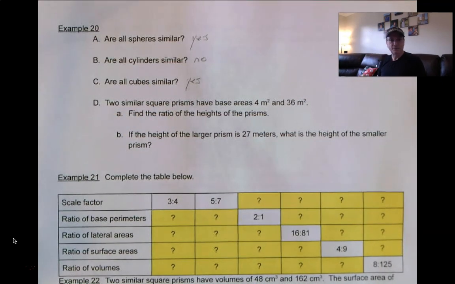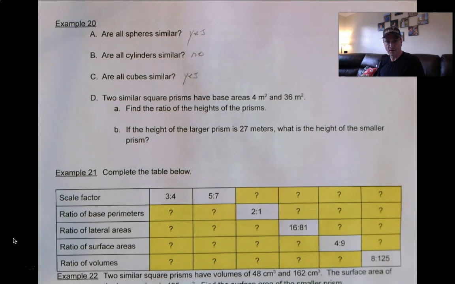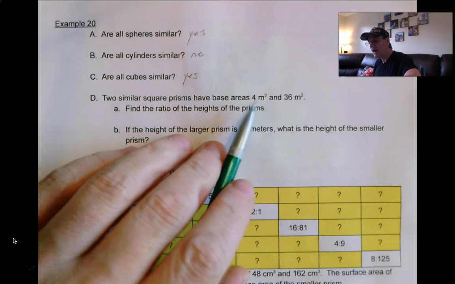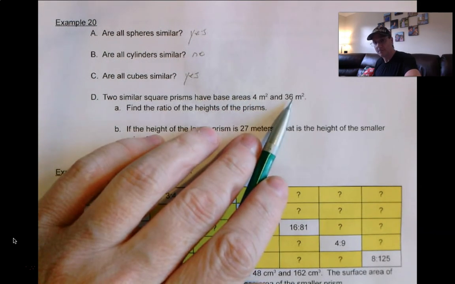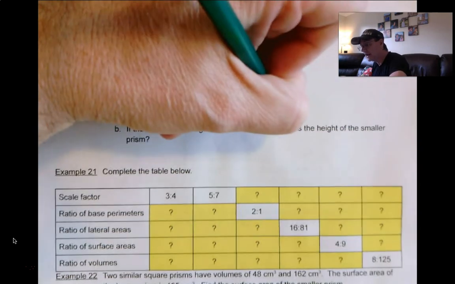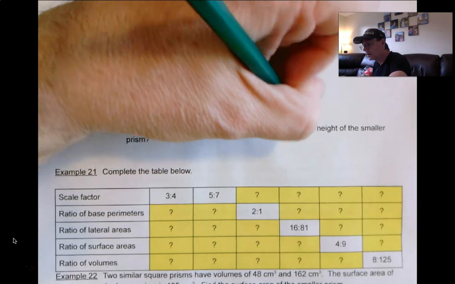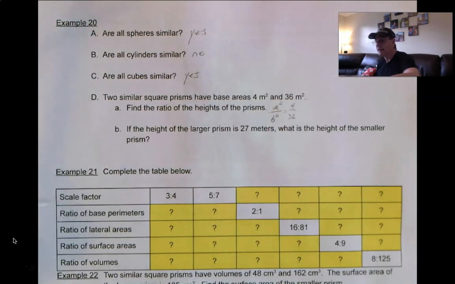All right, two similar square prisms have base areas of 4 meters squared and 36 meters squared. Find the ratio of the heights. I'm giving you the A squared to B squared ratio, 4 to 36, or 1 to 9.